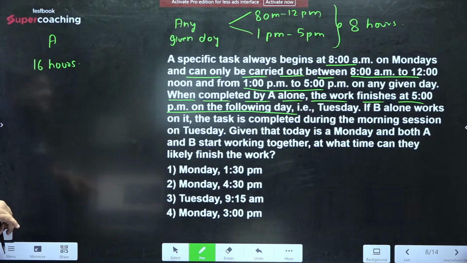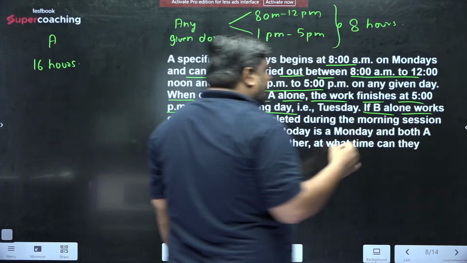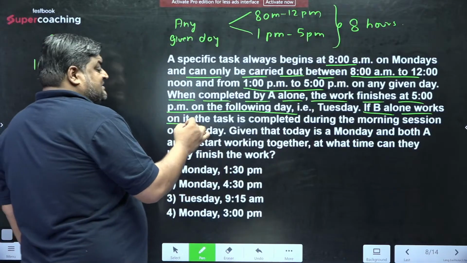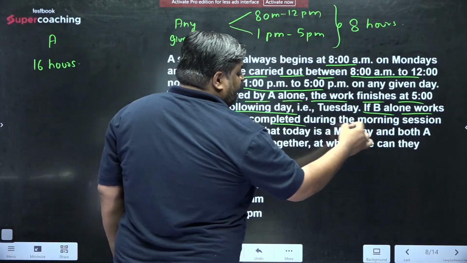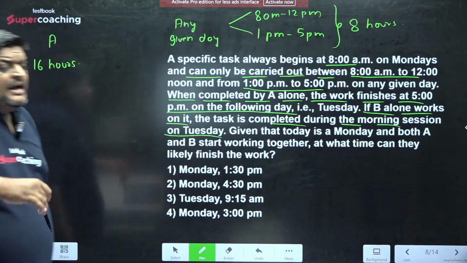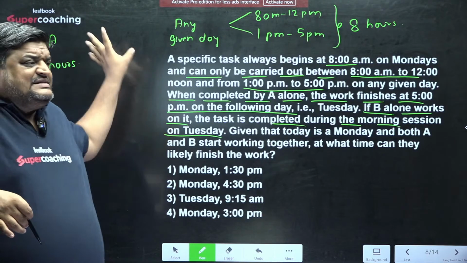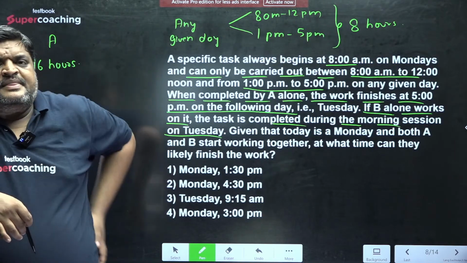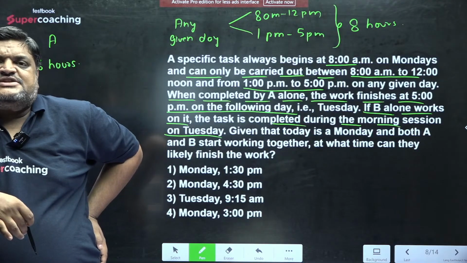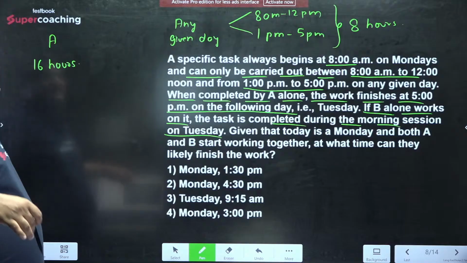We can say this. While B alone works, if B alone works on the task, it is completed during the morning session on Tuesday. अब अगर B करता है उस काम को, क्वेश्चन सेज दैट A will take 16 hours, बट अगर B करता है, so B will complete the task on Tuesday morning session. मतलब Monday is working for the entire day.